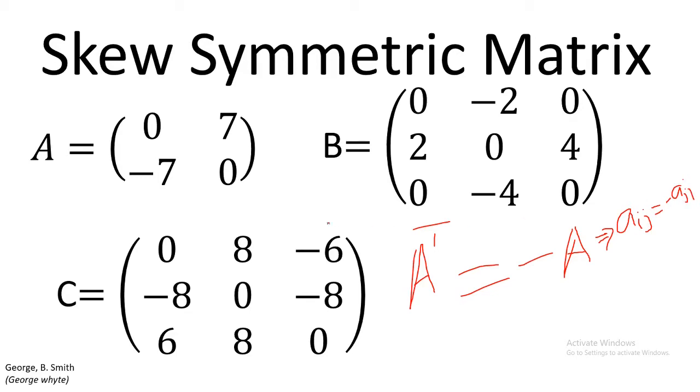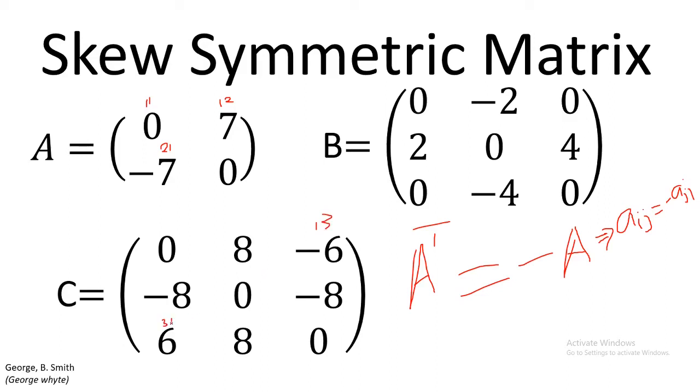So Aij is equal to negative of Aji. So what that basically means is this. For example, this is A11, so we are not going to bother ourselves with those ones. This one is A12. This is A21. So you can see A12 is negative of A21. Or let's look at this. This is A13, right? And where is A31? This is A31.